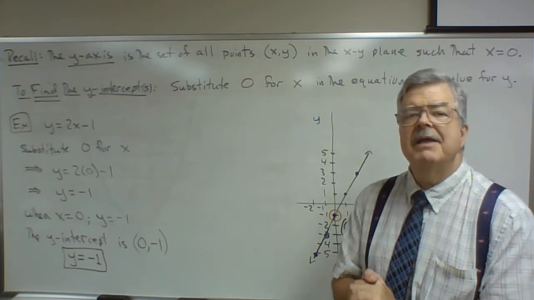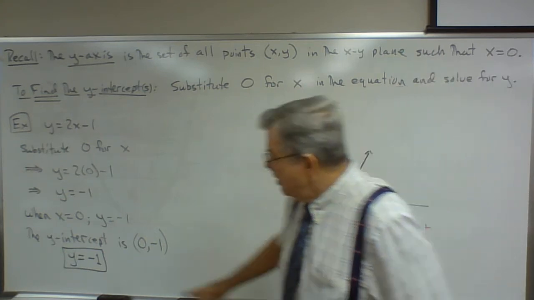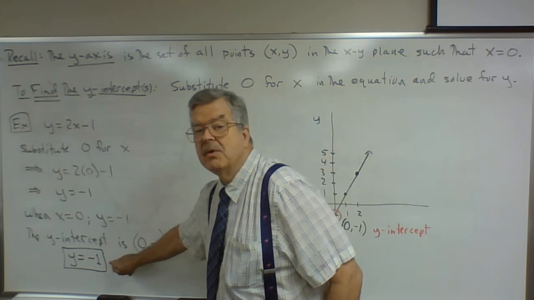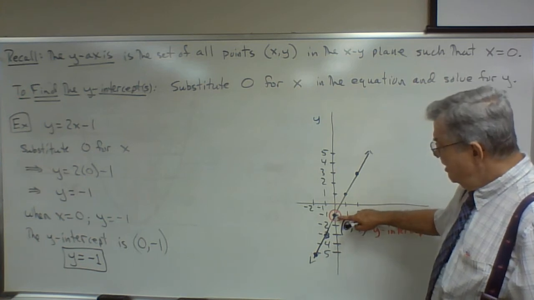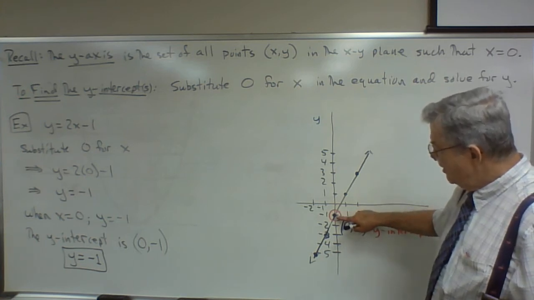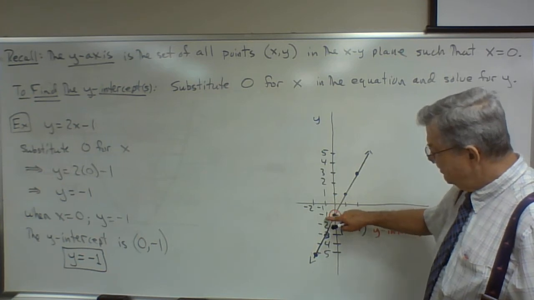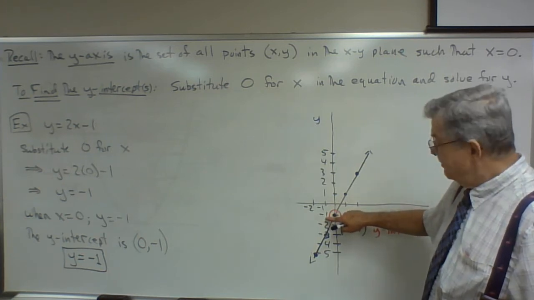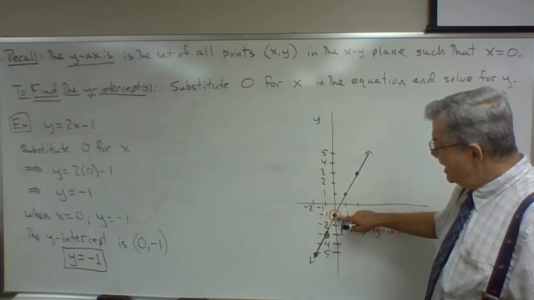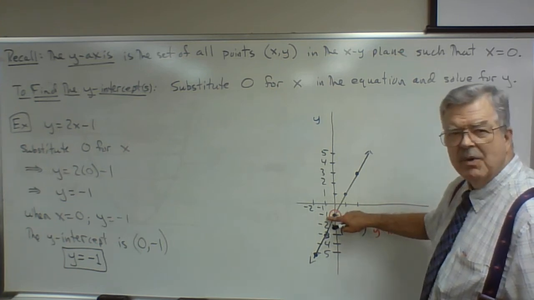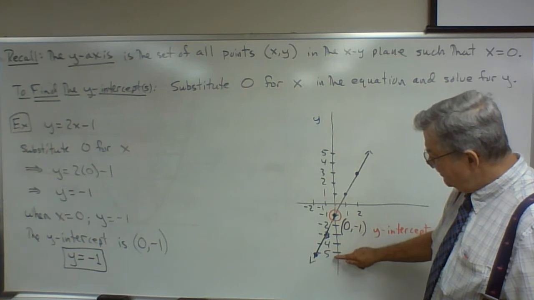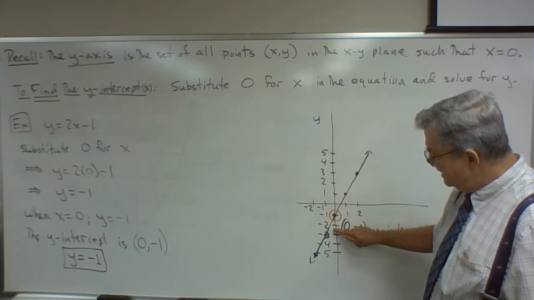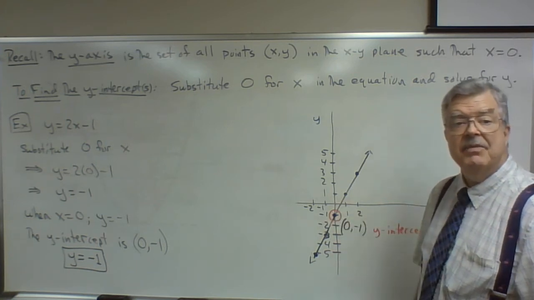Another reason why MyMathLab may want the answer in this form and just the y-coordinate is because at a y-intercept, the graph of the equation crosses the y-axis at this point. At this point on the y-axis, we don't give the x and y coordinate, we just give the y-coordinate. See all of these points on the y-axis? y equals -5, y equals -4, y equals -3, y equals -2, y equals -1.